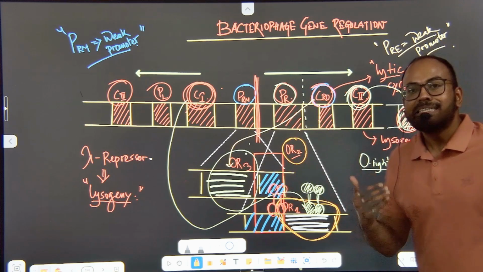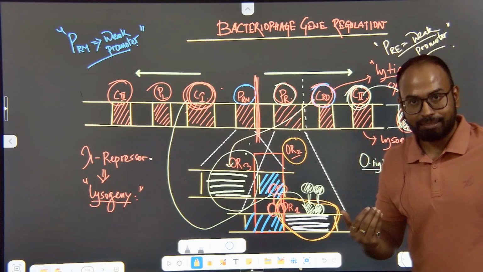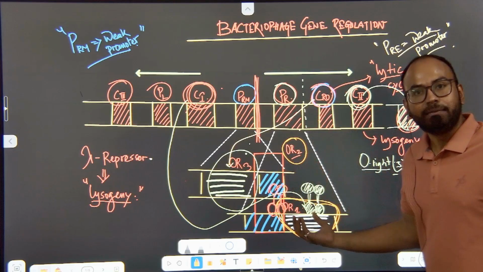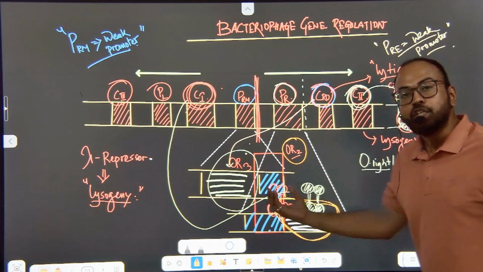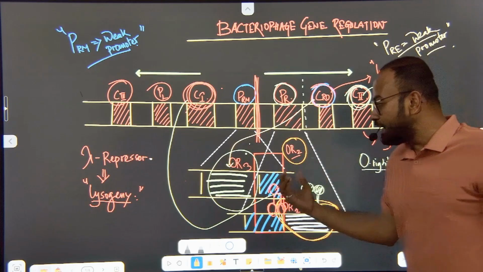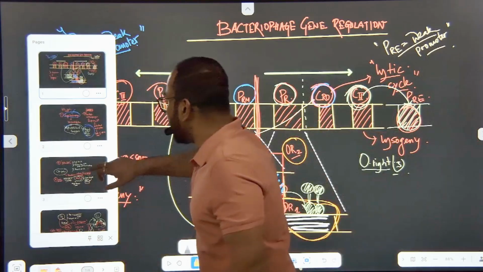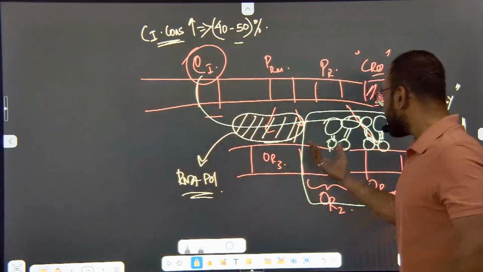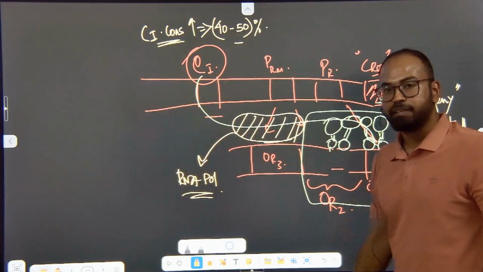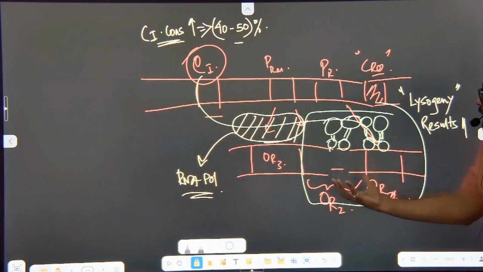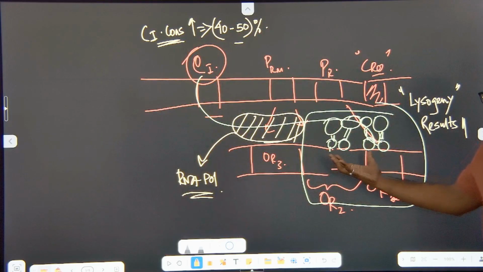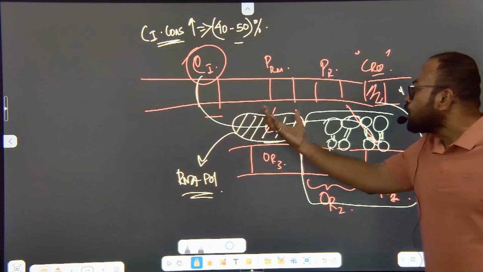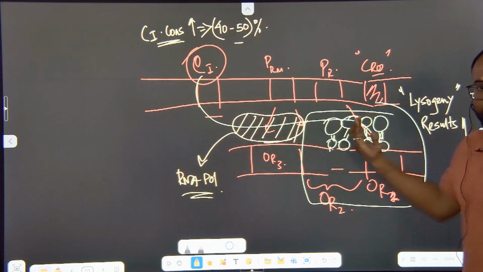But as the concentration increases, it will eventually occupy operator region 2 as well. Now, as operator region 2 is also occupied, RNA pol cannot proceed further.